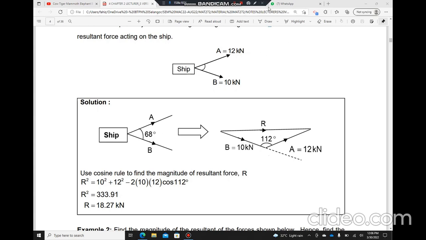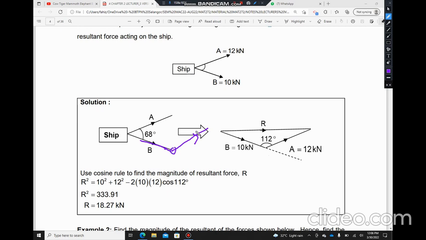Okay, so you put here B. Okay, kejap saya ambil pen. Okay, so dekat sini A. Okay, dia tak kisah sebenarnya kita letakkan B and then awak sambung A dekat sini. Asalkan dia tail to tip.